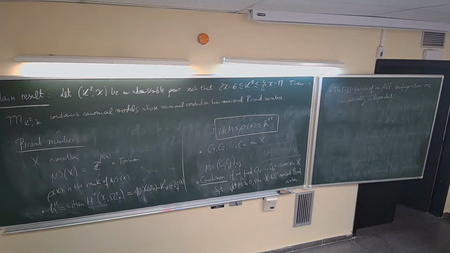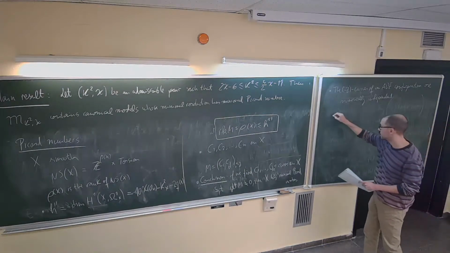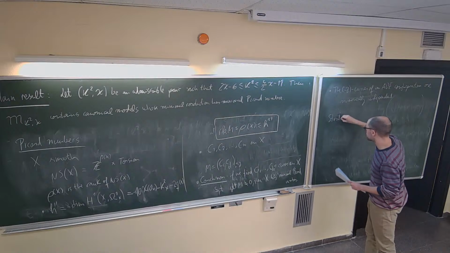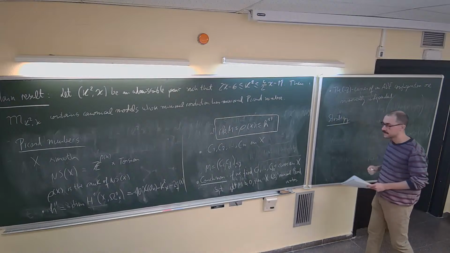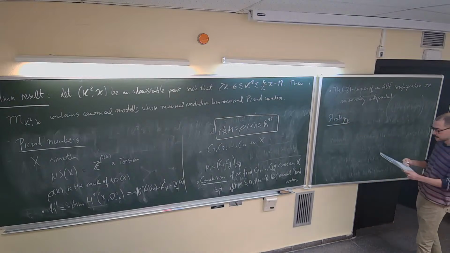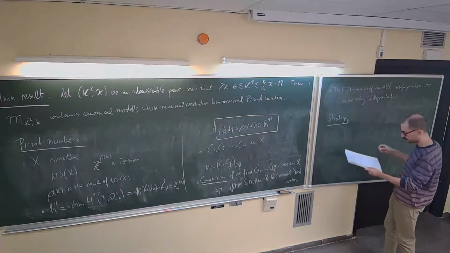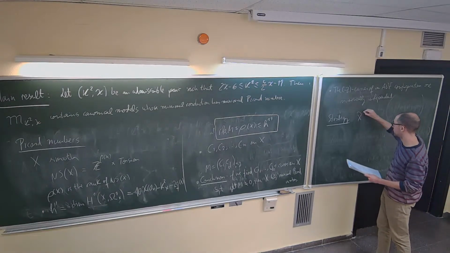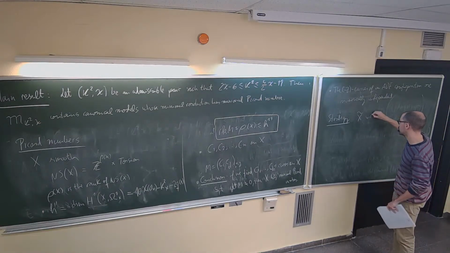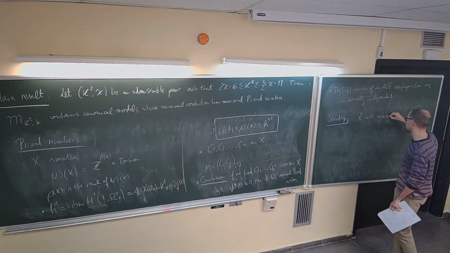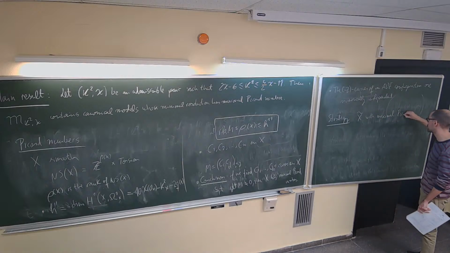Okay, so now I can explain the strategy that we are going to follow to construct surfaces of general type with maximal Picard number. Basically, what we are going to do is finding X with maximal Picard number.